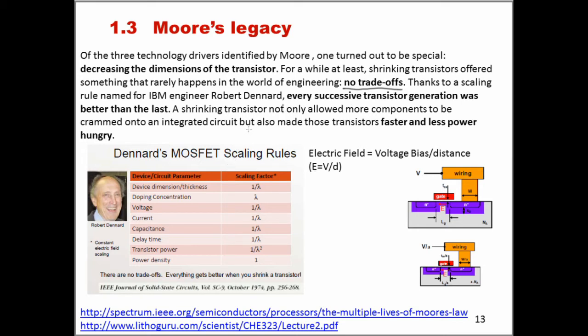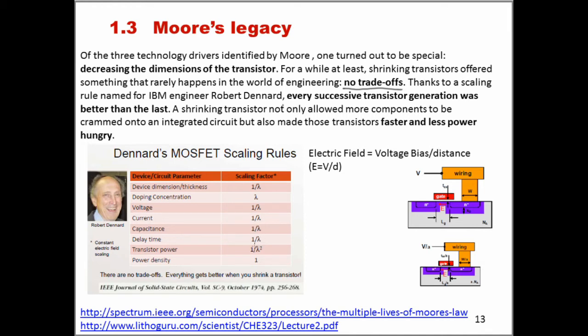So this is in a way also emphasized by Dennard's MOSFET scaling rules. If you call lambda the scaling factor, which means basically that the device dimension goes down as 1 over lambda, then we can see that by the same factor lambda, we decrease the voltage, decrease the current, decrease the capacitance, decrease the delay time, because the objects are smaller, so obviously there is less time needed for signals to propagate.